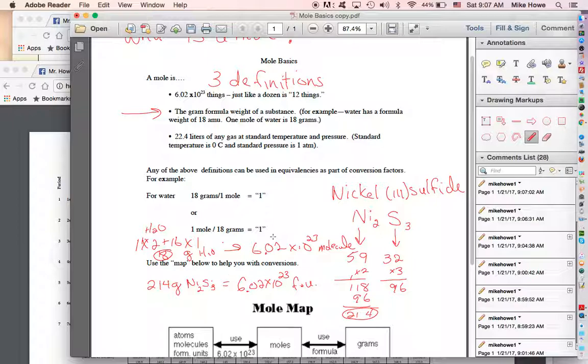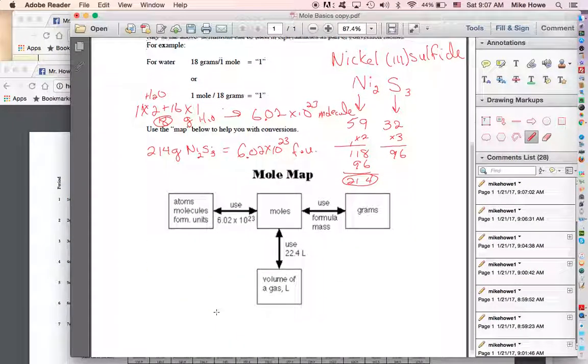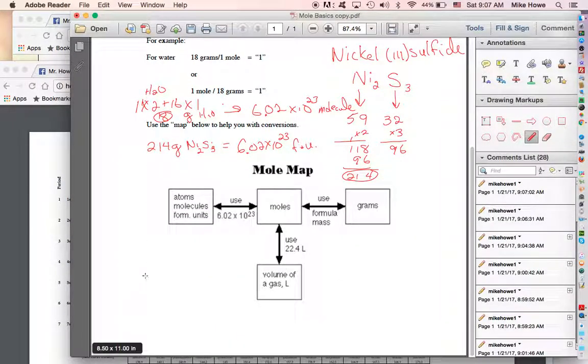So if I had, skip over this for a minute, come down here. If I had a mole of eggs, it'd be 6.02 times 10 to the 23rd eggs. It's just a number of things.